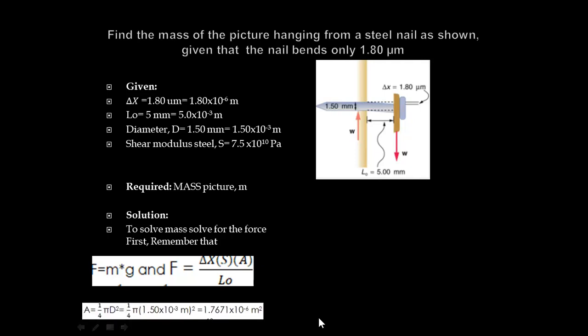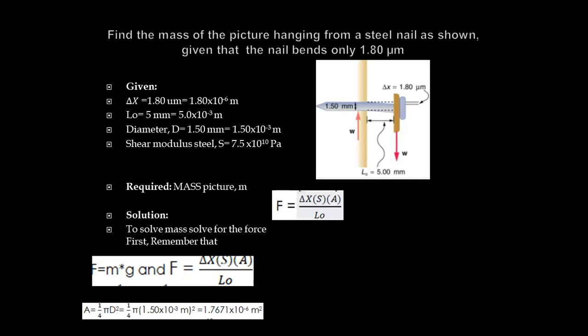Hence, we first solve the cross-sectional area of the nail, which is a fourth of pi multiplied with the diameter squared. If we plug in the values, this gives us 1.7671 times 10 raised to negative 6 meter squared.